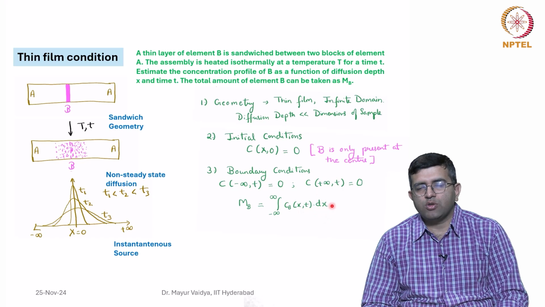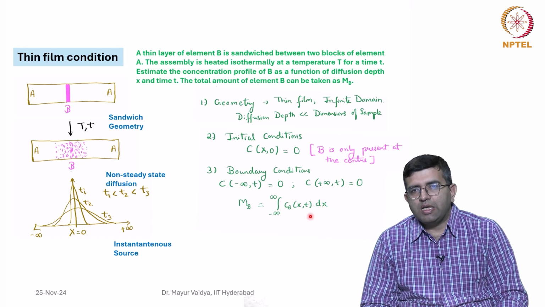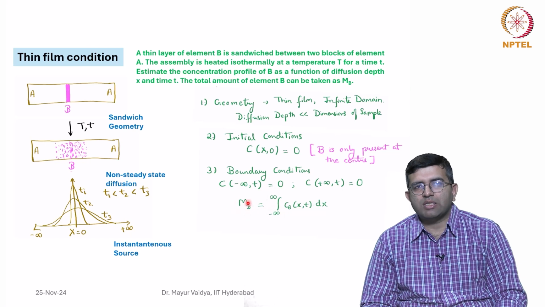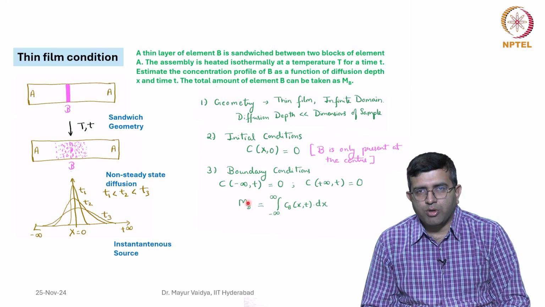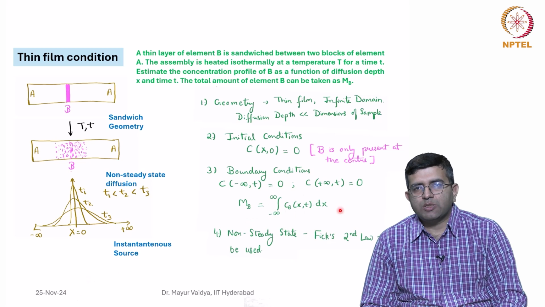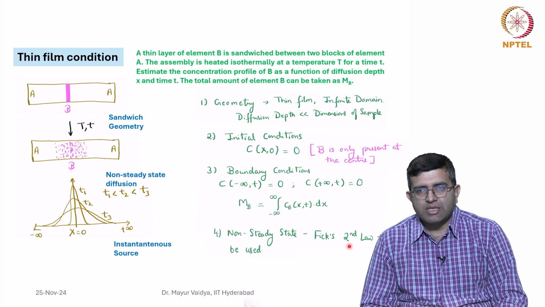So dx into unit cross section is volume, C is moles per unit volume, and if you integrate across the dimension of the sample, you will get the number of moles, which is the same as what was initially deposited. So basically this is the law of conservation of mass, and since it is clearly non-steady state, you can use Fick's second law.